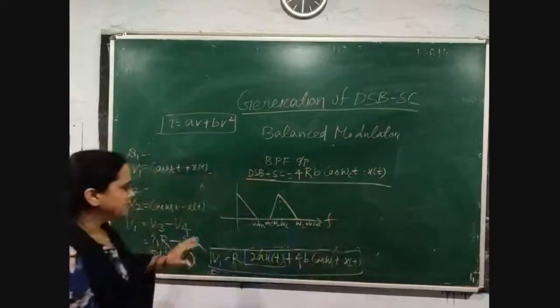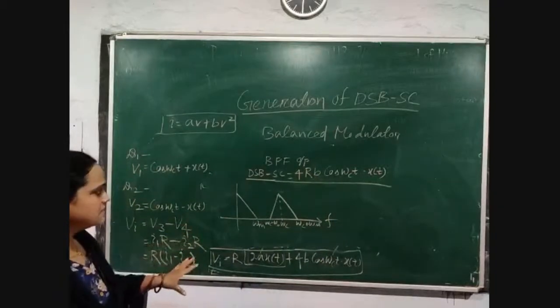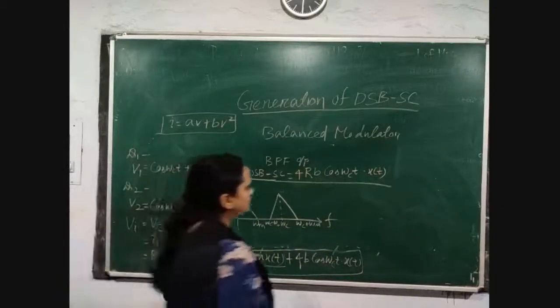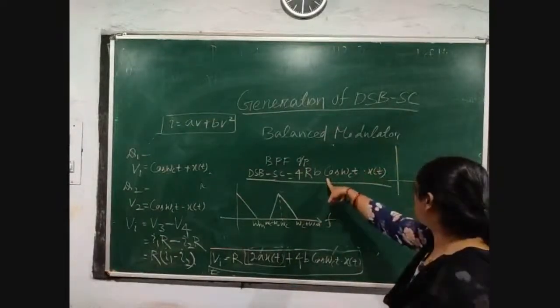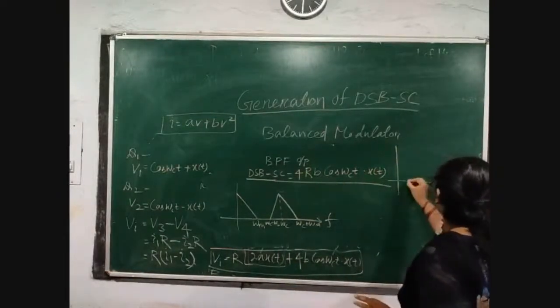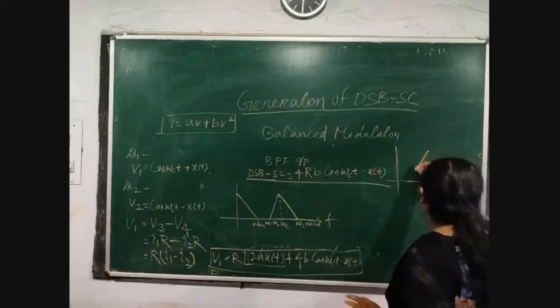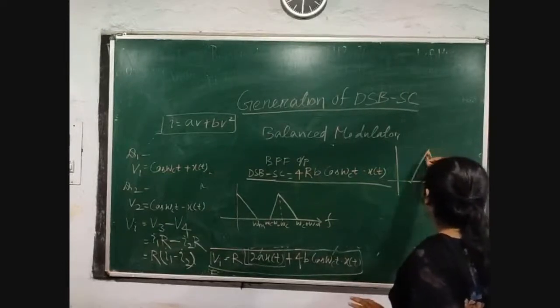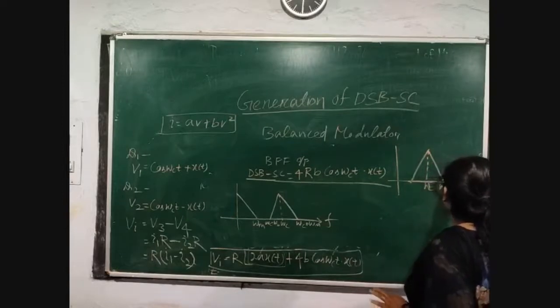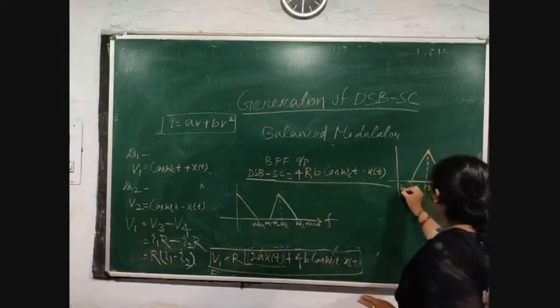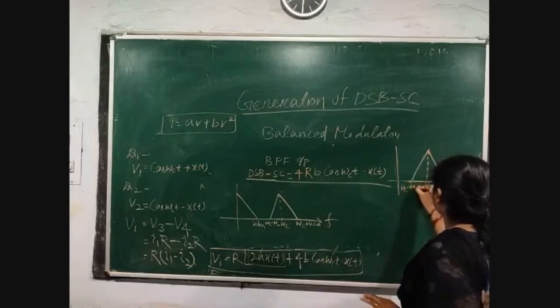Okay, then when we pass the signal through the band pass filter, then we get this signal. So the frequency spectrum looks like this: omega c plus omega m, omega c minus omega m.